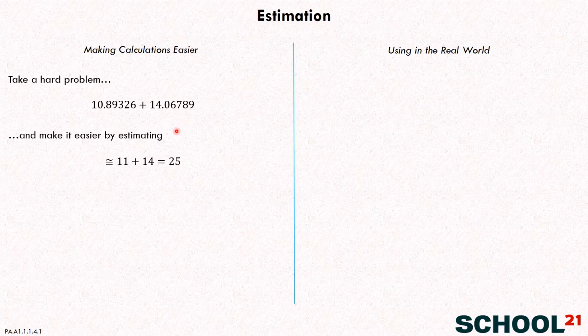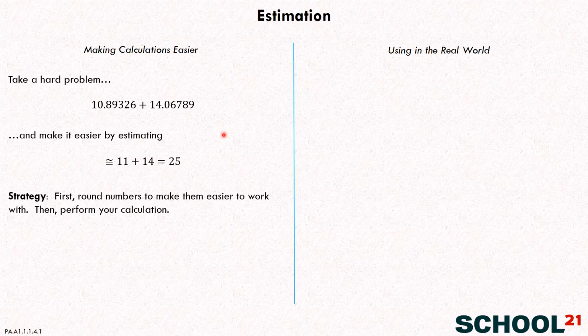That's kind of close to what? 14. So then you have a much easier problem here, right? 11 plus 14, and you could probably do mental math for that to get to 25. And that kind of thing is really much easier than trying to add these numbers up here. And a lot of times you would use that in the real world to make your life easier.